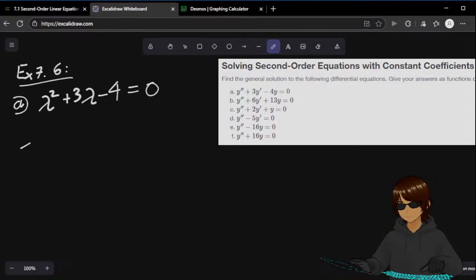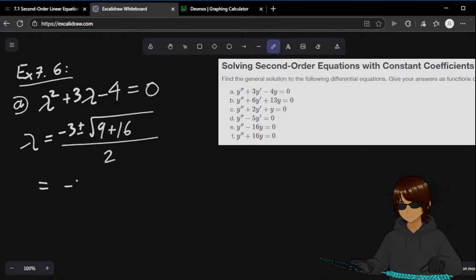And then lambda is equal to minus b plus or minus the square root of b squared minus 4 times a times c, I'll just write plus 16, over 2a. 16 plus 9 is 25.